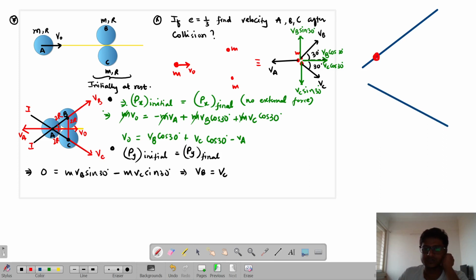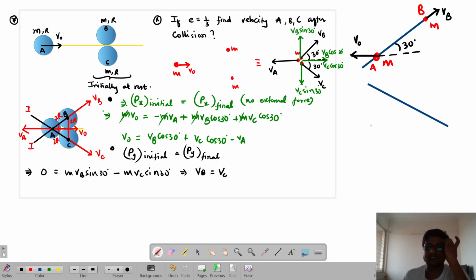So this is my mass m A, and this is B, mass m. B is going along the line of impact only, but A is going with a different velocity, isn't it? So this is v naught and this is v_B, and this angle is 30 degree.